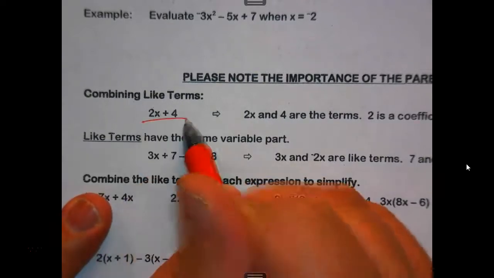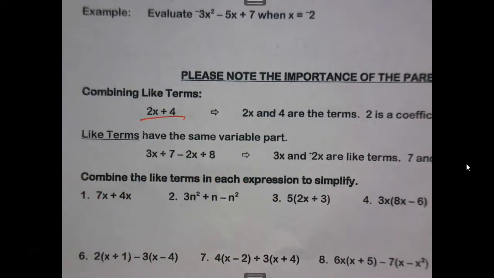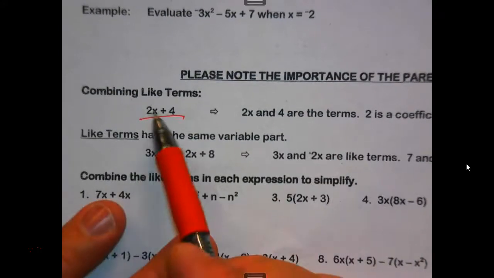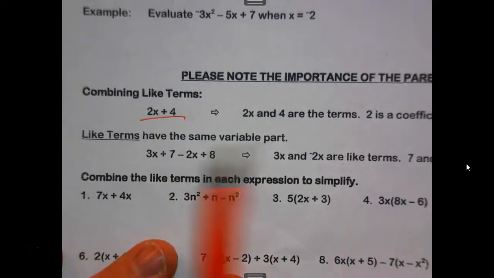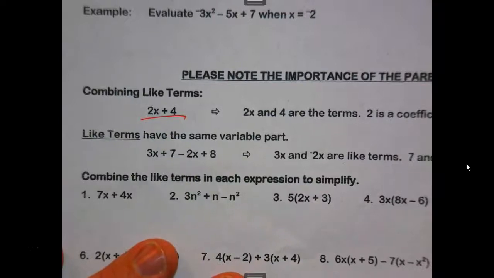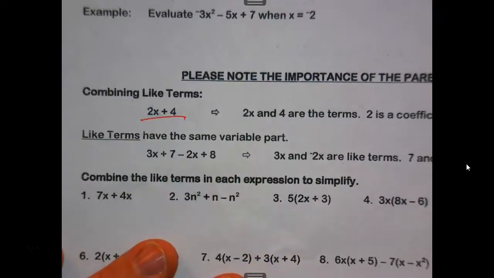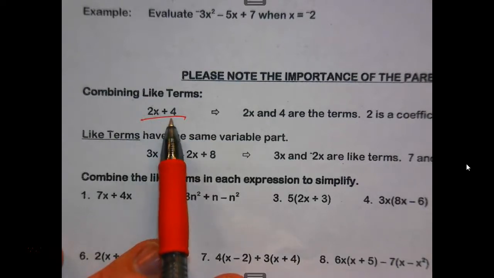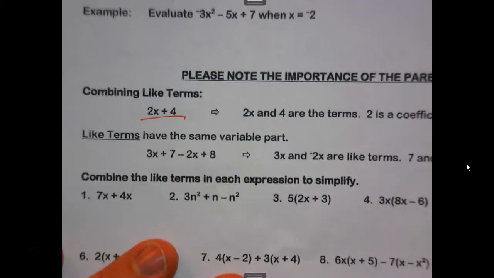This 2x plus 4 you cannot combine. Why? Yeah, one's a constant term, one's an algebraic term. Algebraic term has the variable in it. Constant term is just a number. 2 is a coefficient of the variable. You have to do the multiplication between these before you add 4. You can't do it, so leave it.